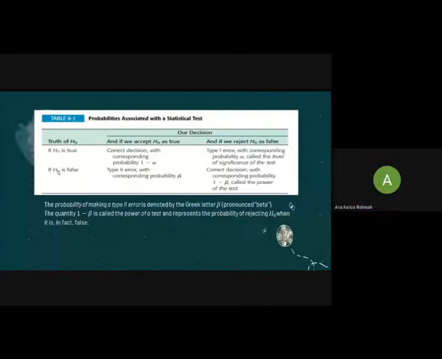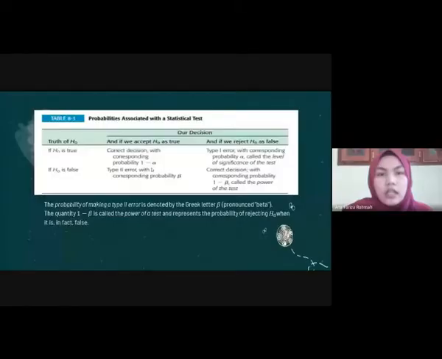And if the null hypothesis is false and our decision is to accept it as true, the result is a type 2 error with corresponding probability beta. And if we reject the null hypothesis as false, the result is a correct decision with corresponding probability 1 minus beta, the power of the test.